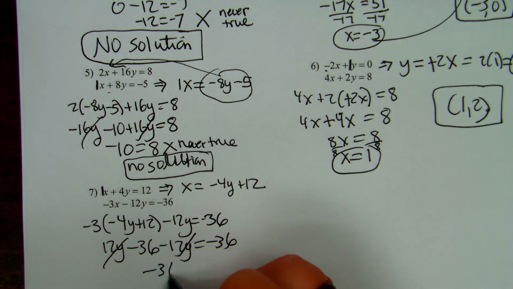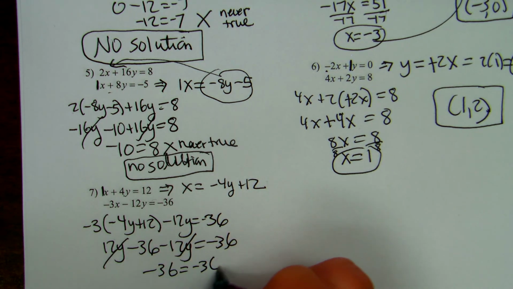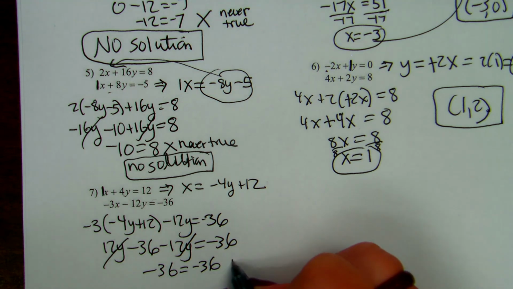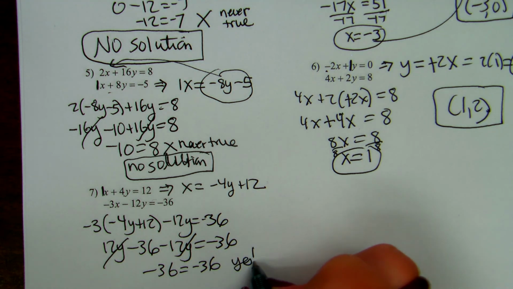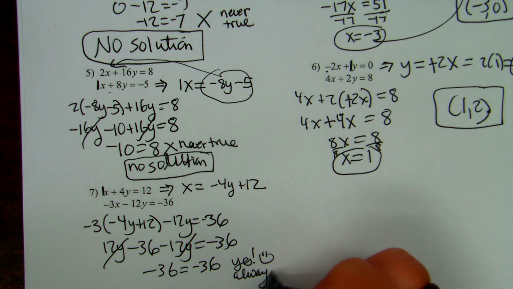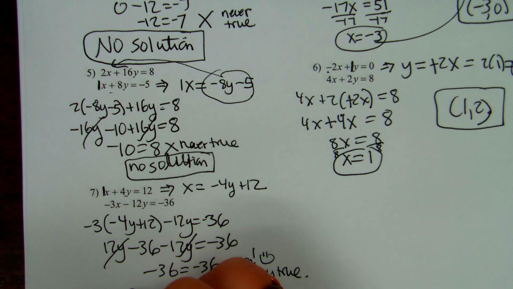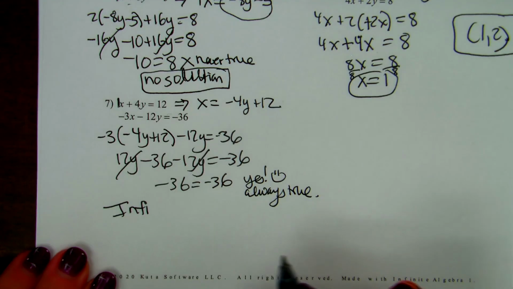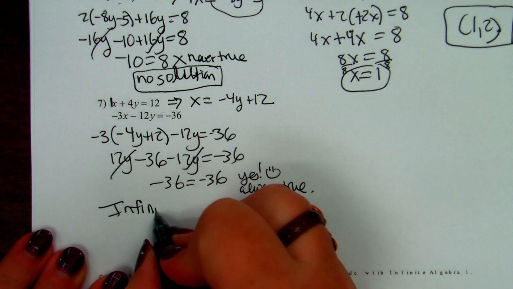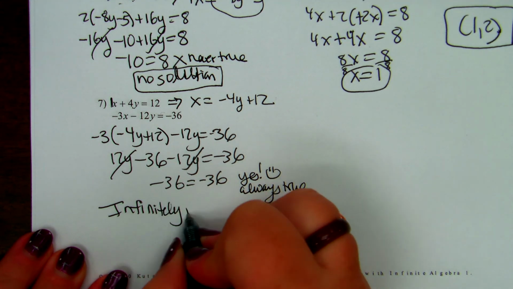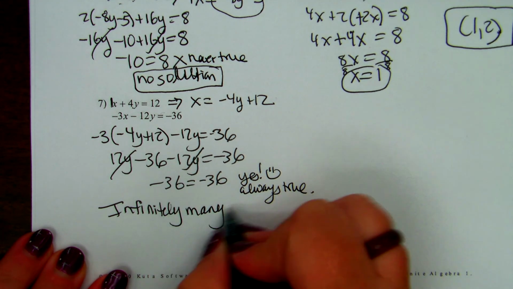Negative 36 equals negative 36. Are these the same? Are they equal? Yes. It's always true. So we put infinitely many solutions.